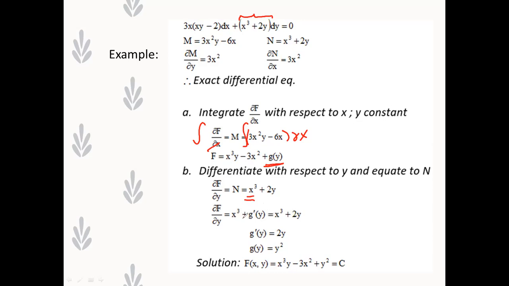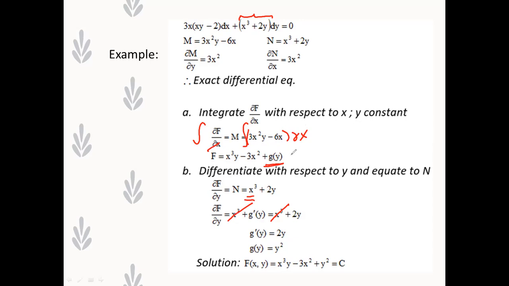If you notice, class, if you equate, this cancels this one, and that leaves you with g prime of y, which is actually the derivative of your g of y when represented in a general expression. This one is a function of y, but you don't know specifically what function of y it is. So you will just simply represent it as g prime of y, meaning it's the derivative of g of y.